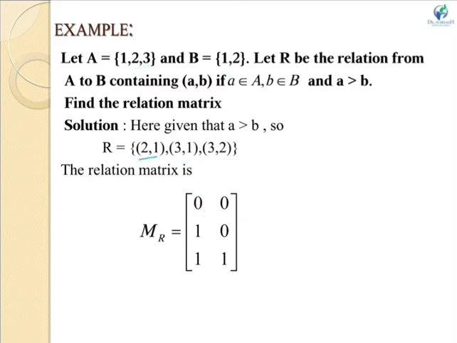It belongs to the set R, so we write 1. (2, 2) is not in the set, so we write 0. Similarly, (3, 1) is in the set R, so we write 1. And next is (3, 2), that is also in the set R, so we write 1. In this way we can represent the set R in matrix form.